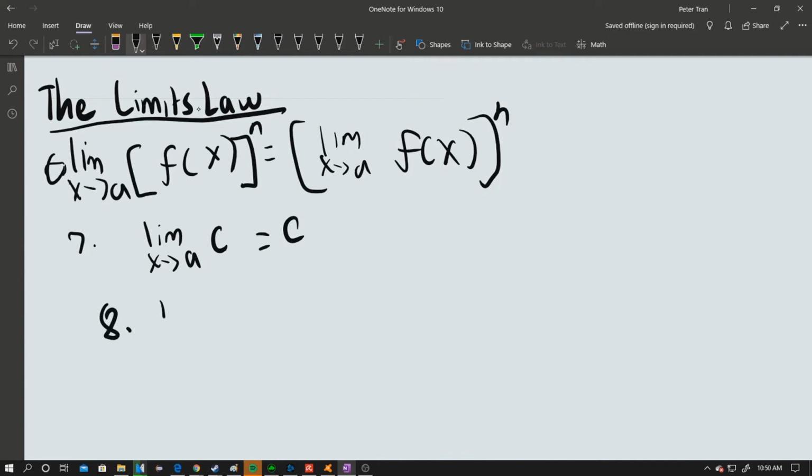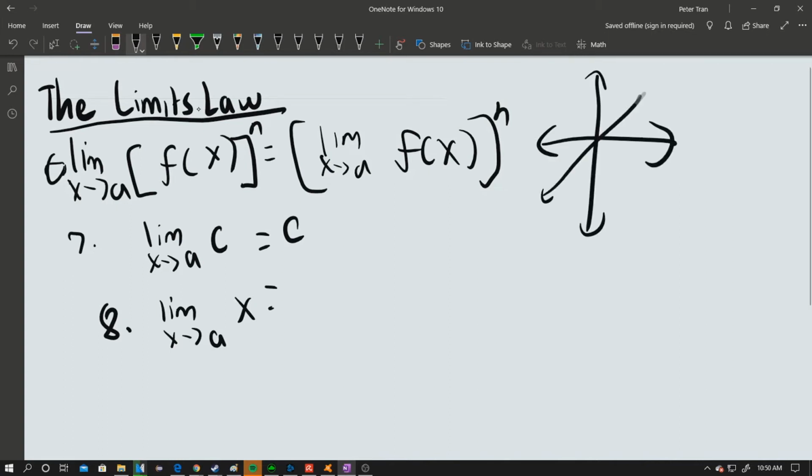Next, the limit of a linear function. So just review, this is a linear function, y equals x. It's derived from the slope-intercept formula.